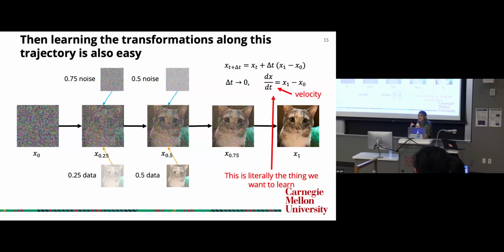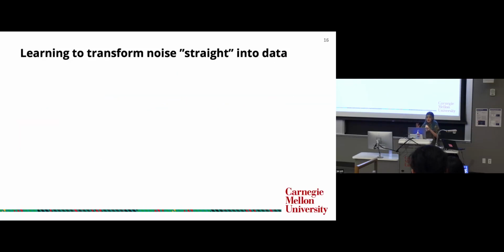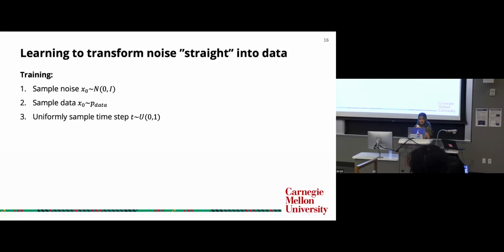Okay, so this is literally what we need to learn, right? This is literally the only thing that's stopping us from directly getting from noise to data. So basically, the simplest way to transform noise straight into data would be, at training time, you first sample a noise, and then you sample a data, and then you uniformly sample a time step, and then you compute the noisy sample by doing this linear interpolation.